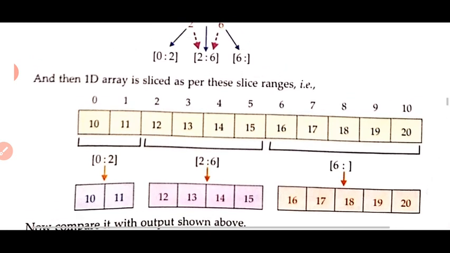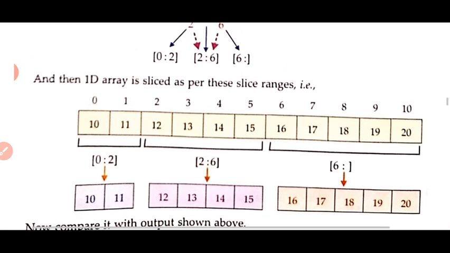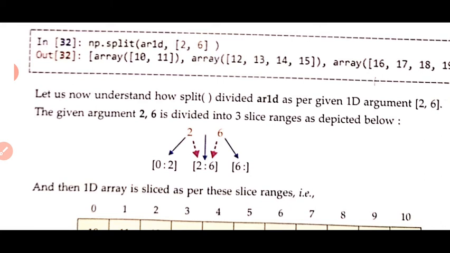The second part is 2 to 6, because it is written 2, 6. The meaning of 2, 6 is 0 to 2, 2 to 6 and 6 to end. According to the rule of index, it takes last minus 1. So 0 to 2 means 0 and 1 is the first subset.